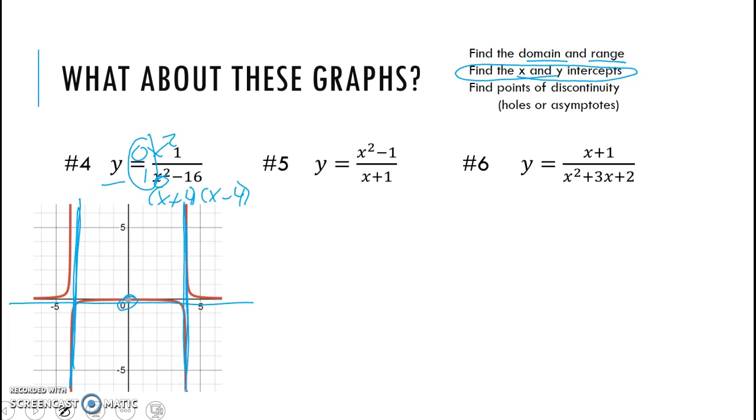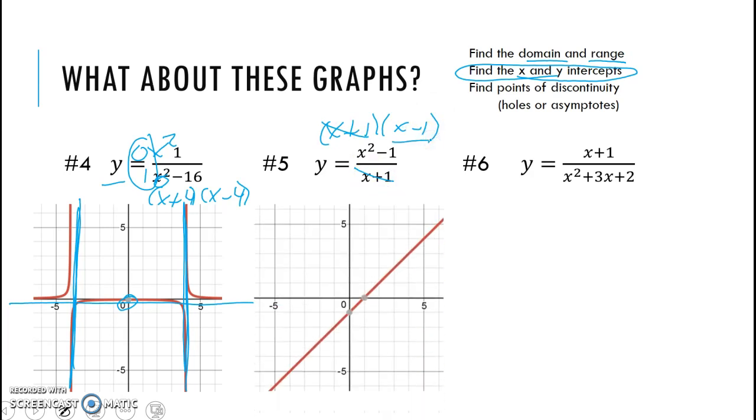If we look at number 5, if I factor the top, it's going to be x plus 1 times x minus 1. So here the x plus 1's cancel. There's going to be a hole in this graph. It's going to look like y equals x minus 1, which has a slope of 1 and a y-intercept of negative 1, and it looks like this.